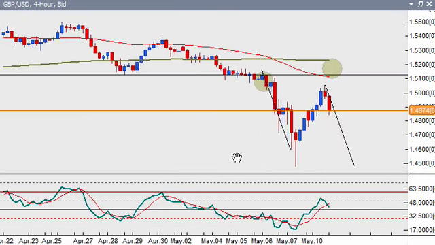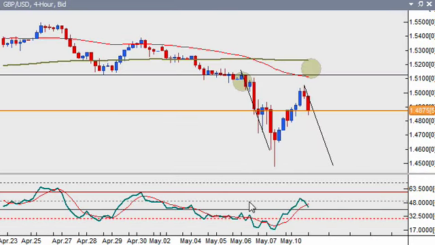Here's the 4 hour time frame, a possible swing projection suggested by the negative RSI reversal. So here is the bearish scenario in the short term.